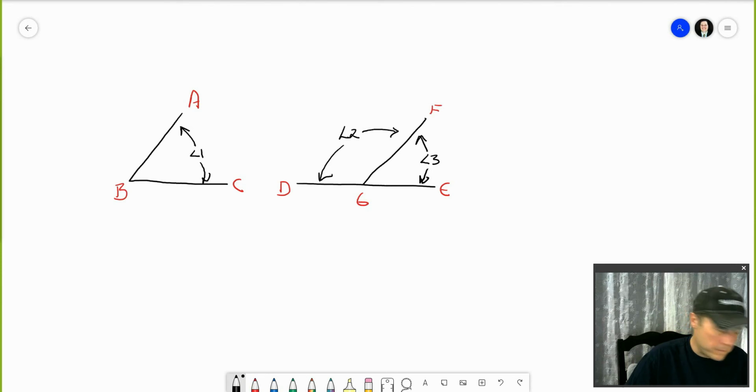All right, two angles are either equal or supplementary if their corresponding sides are parallel. So here's your givens.